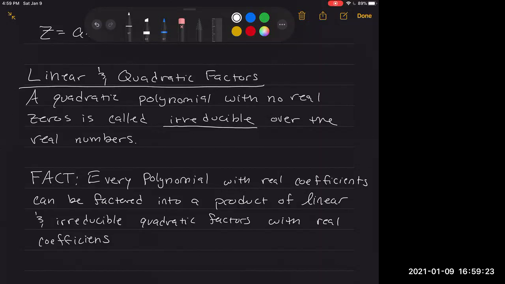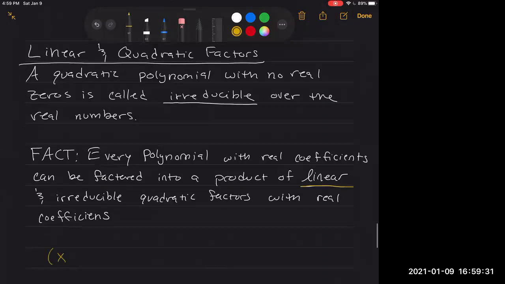So the linear factors correspond to our real zeros, something usually of the form x plus or minus c. And the irreducible parts are when the zeros would be complex, so we're keeping everything with real numbers. An example of that would be x squared plus 1, because the zeros of this are i and negative i.